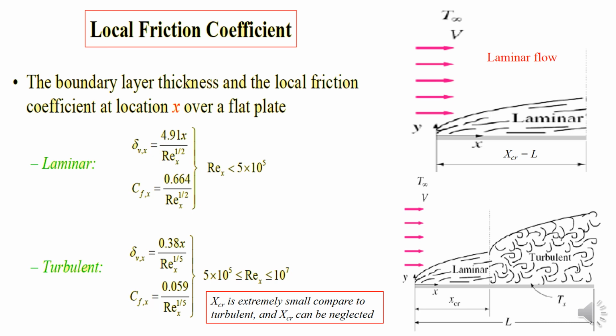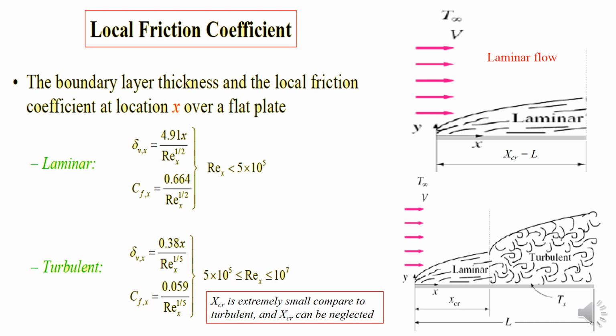And turbulent flow is within the range of above 5 times 10 to the power of 5 up to 10 to the power of 7. I put a note there that if the critical distance is extremely small compared to the turbulent distance, we can neglect it.